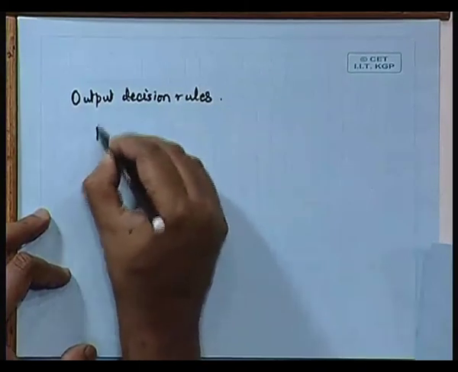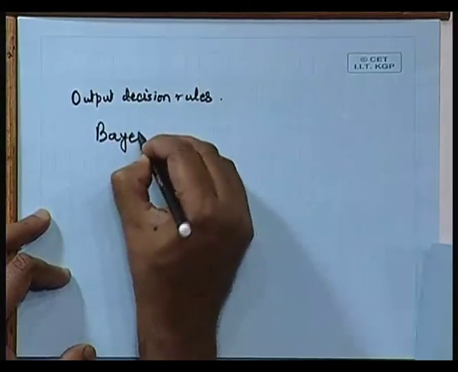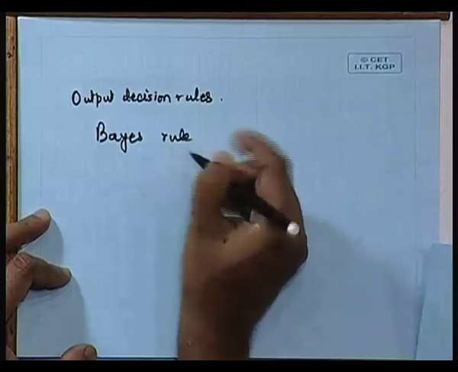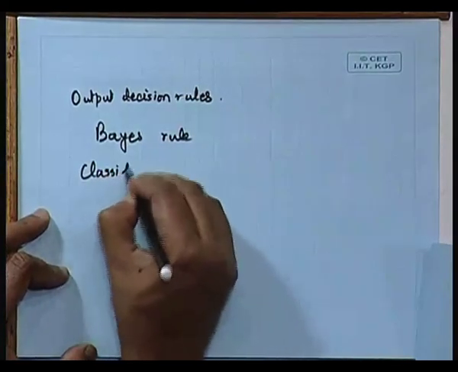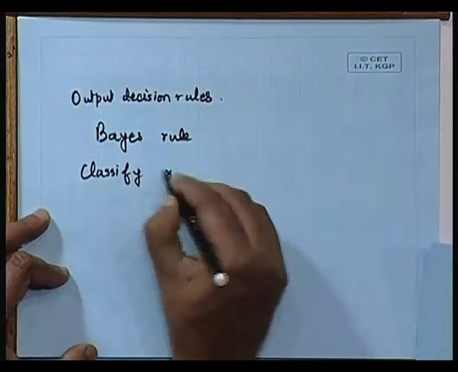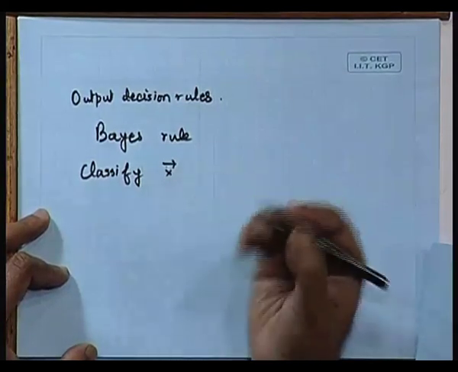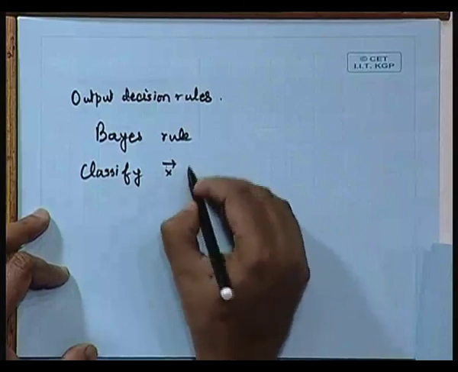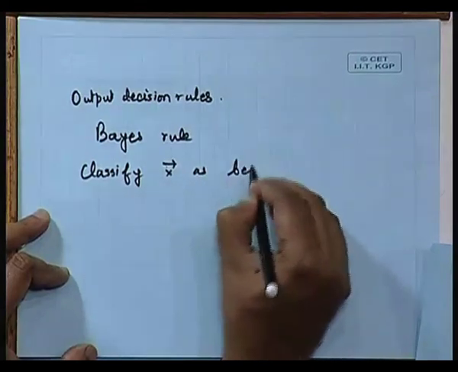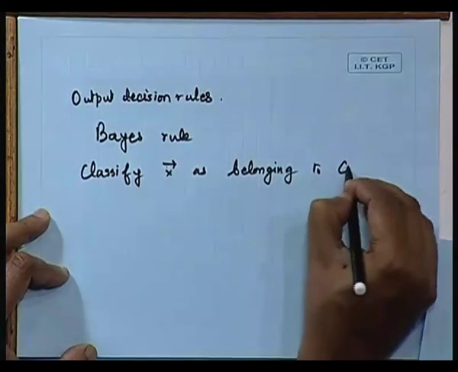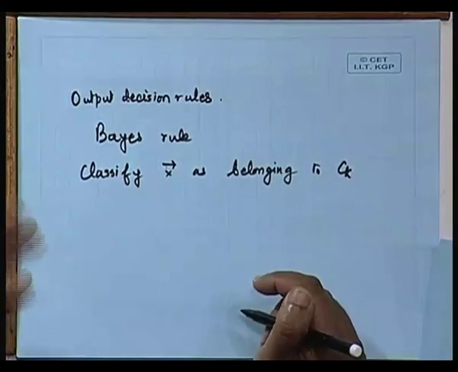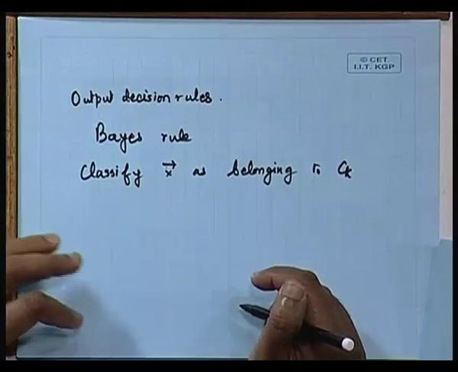If we apply the Bayesian rule, then it says: classify x of j, or any vector x, as belonging to the class Ck. We have got classes C1, C2 up to Cm.